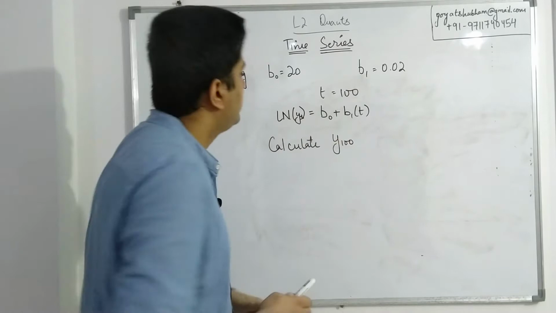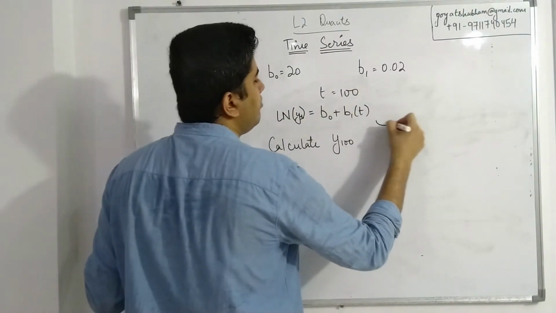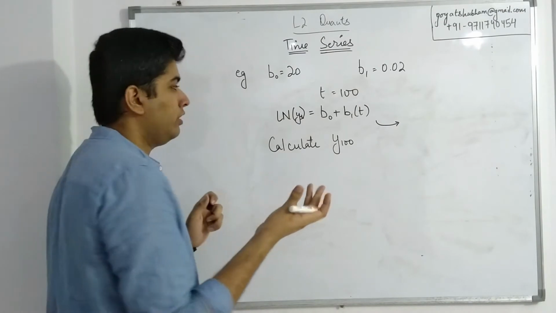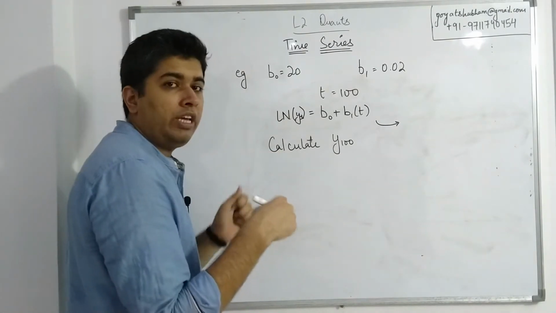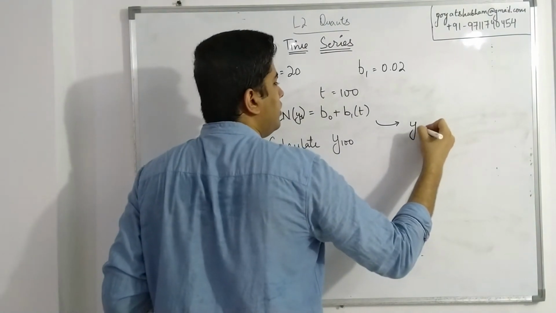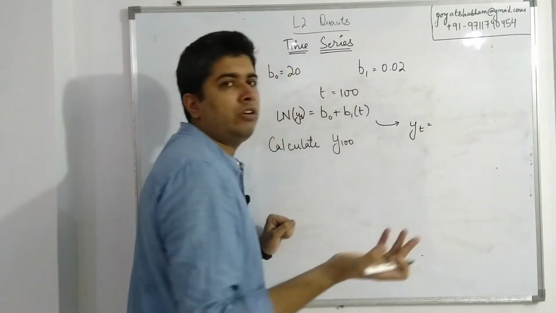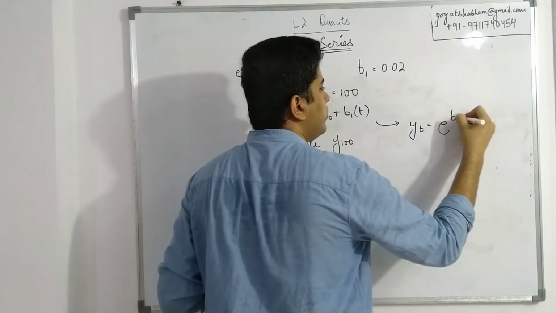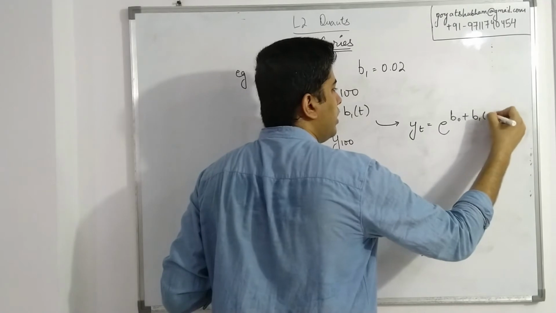Once we know this, we simply try to figure out the actual form of this equation. If I want to know what the actual relation was, I can simply reverse it to the exponential notation. So I can reverse it to say e to the power b0 plus b1 t.